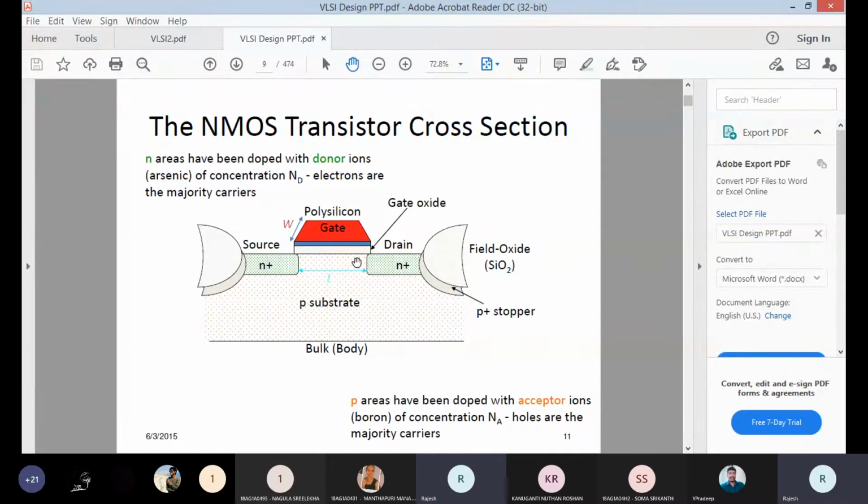Above the threshold voltage, the concentration of electrons in the channel increases with VGS. As you increase VGS, the electrons in the channel region increase.